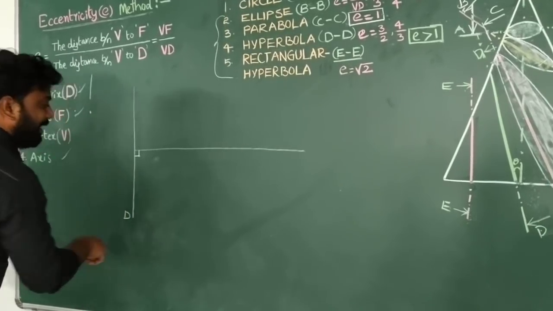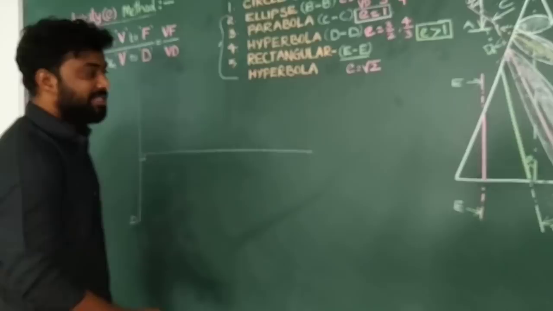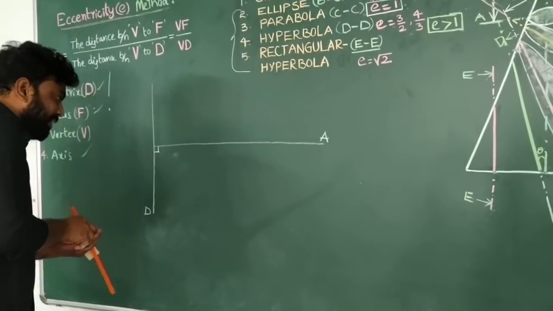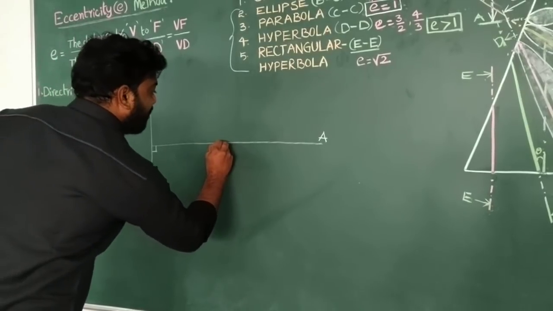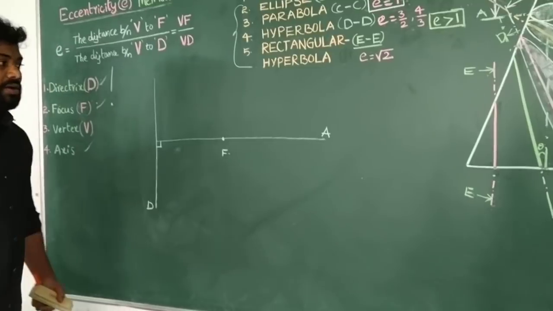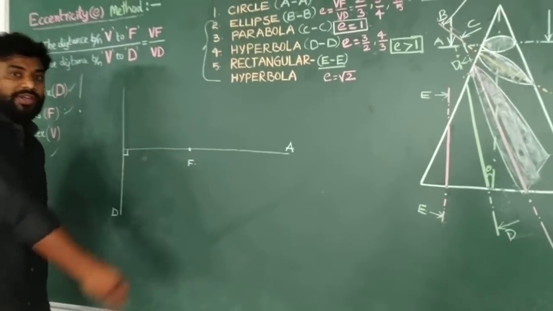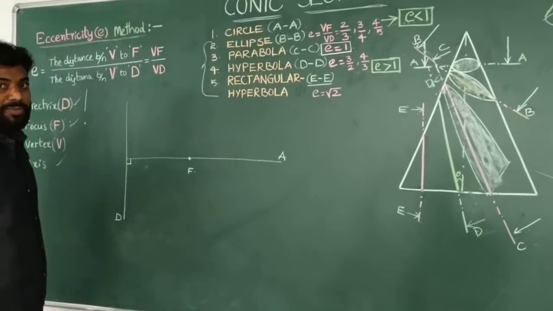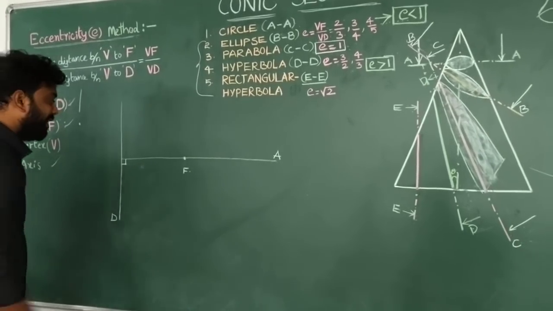Simply I can write D. D means it is not a point, this is a line. This one is the axis. And as I said, the fixed point which is located on the axis, I can say this is F. In the given problem we will have the distance between directrix and focus, so we can mark that particular point according to the given condition.